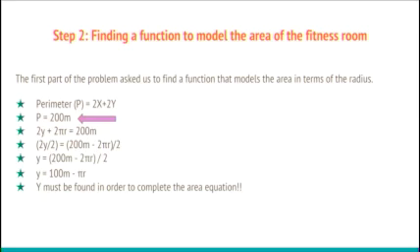Then, in order to get y alone, we will subtract 2 pi r to the other side of the equation, then divide everything by 2 in order to get rid of the number 2 next to the y. After that, we will get y equals 100 meters minus pi r, which is the final answer, which we will put into the equation.